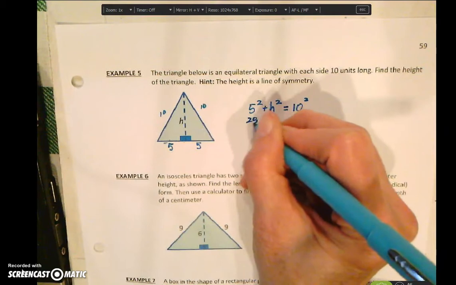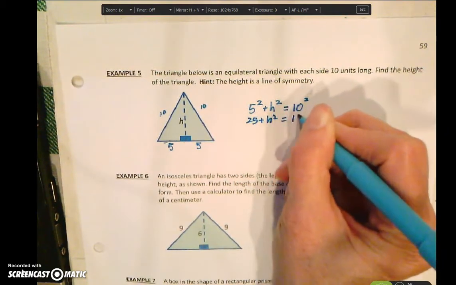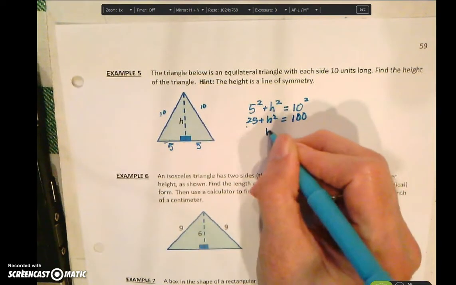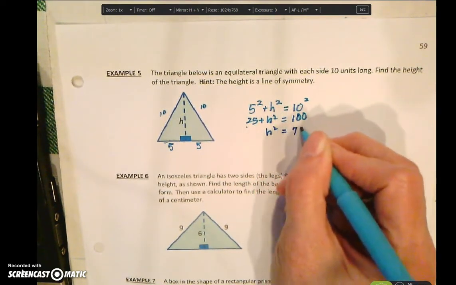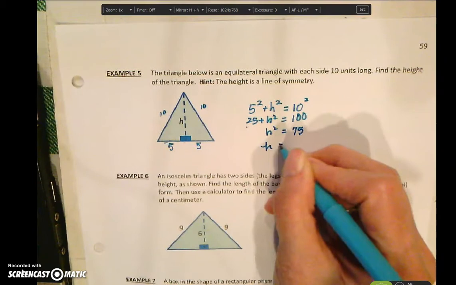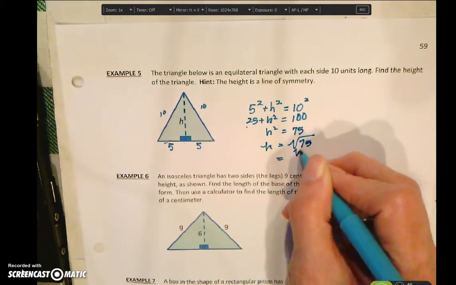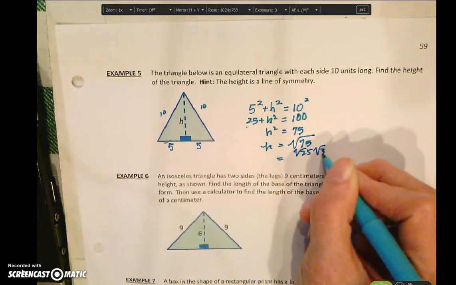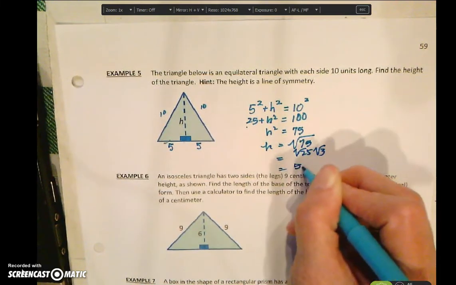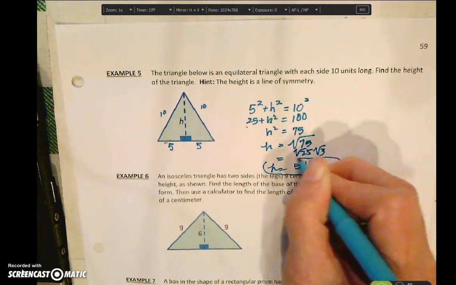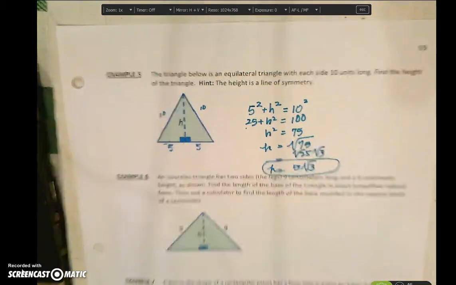So I have 25 plus H squared is equal to 100. I'm going to subtract my 25, so I get H squared is equal to 75. H is the square root of 75, which is going to be 25 and 3. So that's then going to be 5 radical 3 is my value of H.